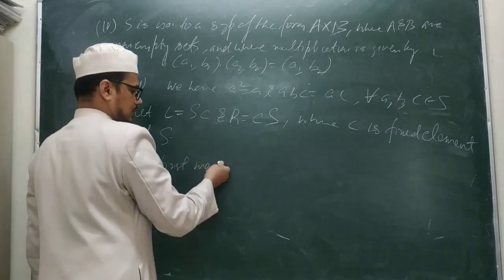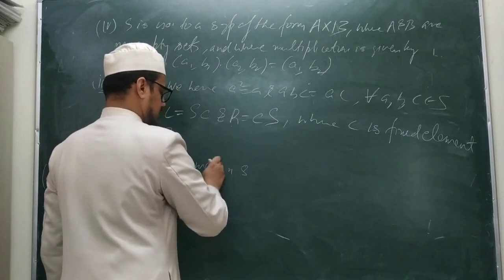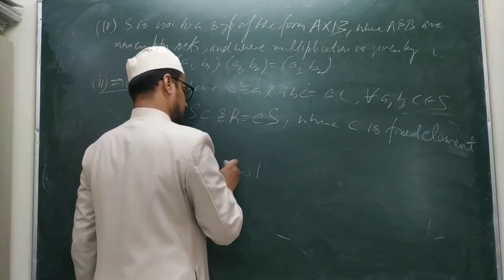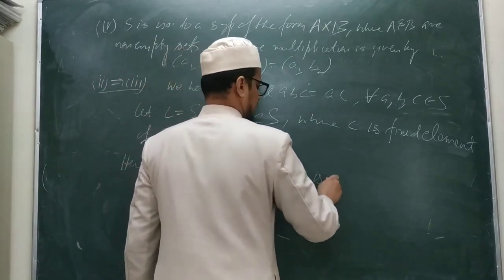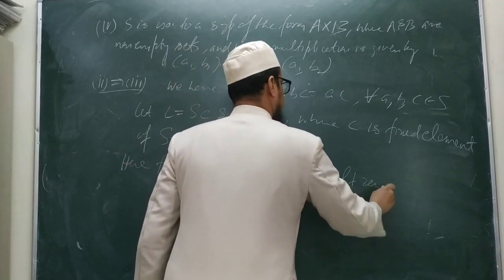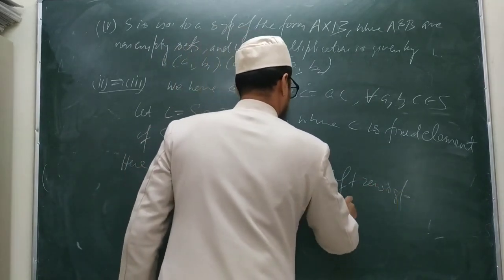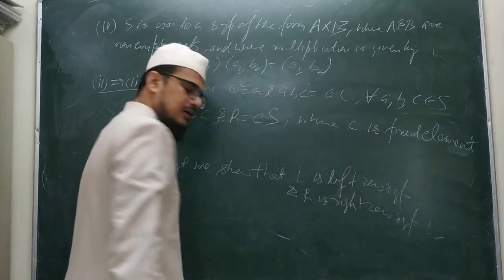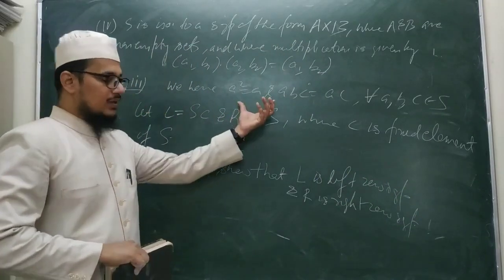First we show that L is a left zero semigroup and R is a right zero semigroup. Basically, just try to understand what we have to prove. This we have, and what we have to prove?